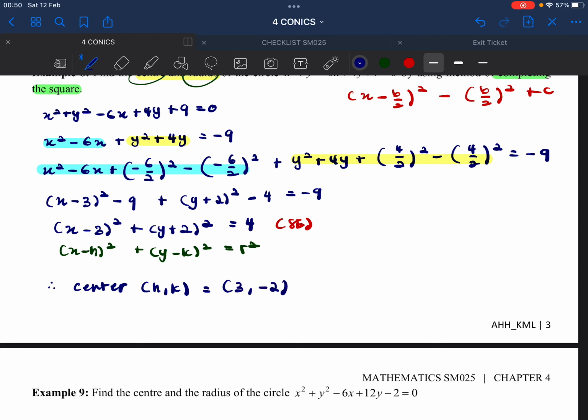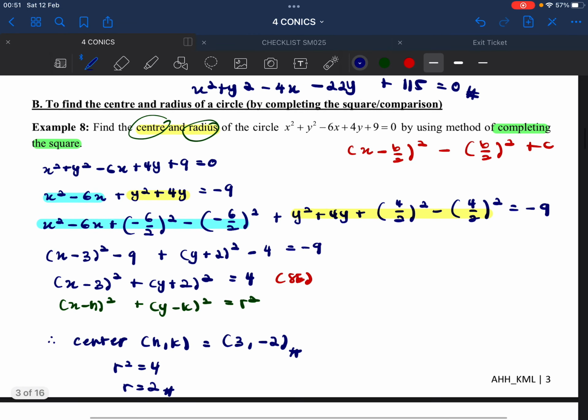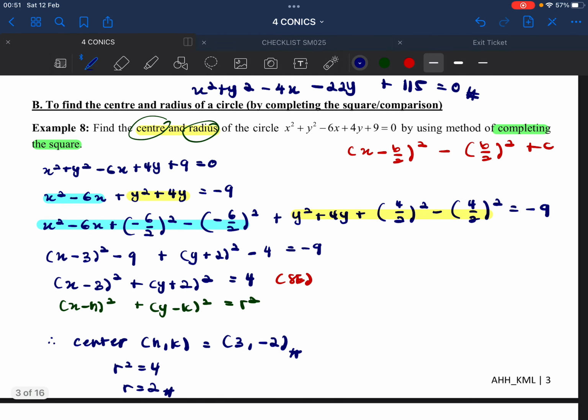And r squared equals 4, so r equals positive or negative 2, but the radius is always positive. That means r equals 2. So it's very easy actually. Just do your completing the square, and make sure you know how to do it.